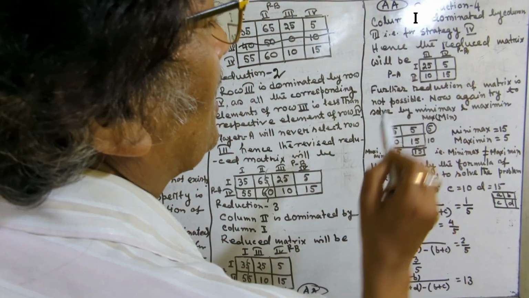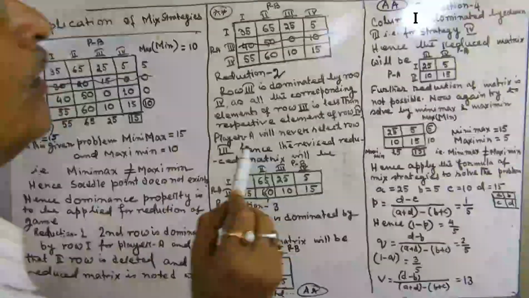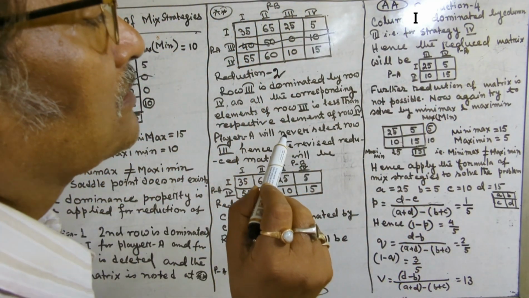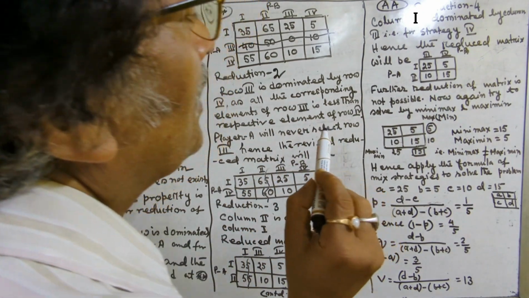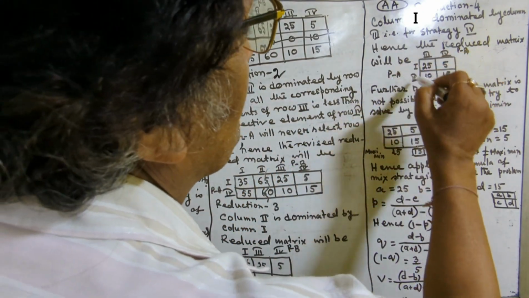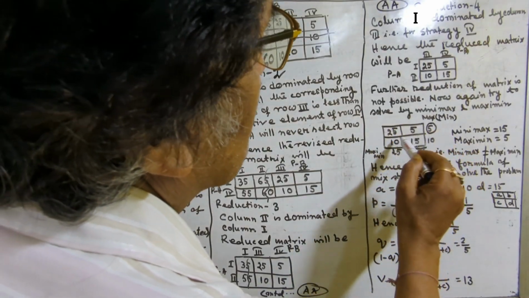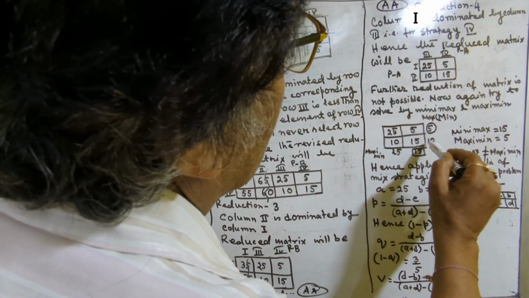It is not possible to reduce further. It is the maximum reduction. Then what will you do when you reach the maximum reduction of the matrix? To solve the game problem, again you try the minimax-maximin theory. In this case, the row minimum values are 5 and 10.